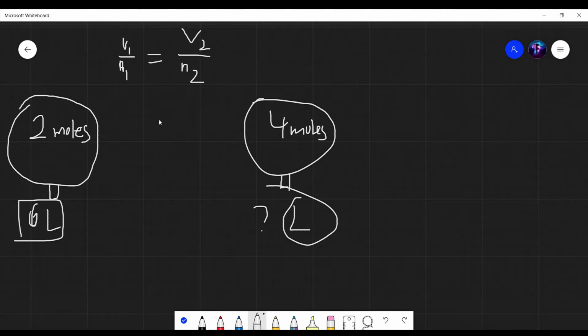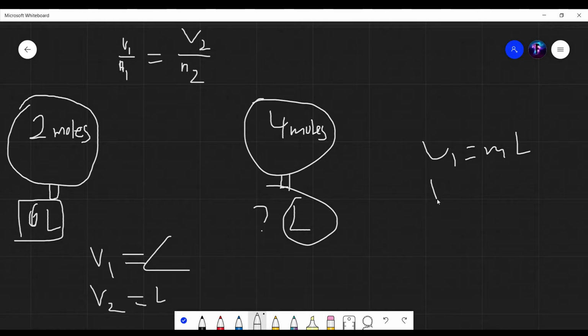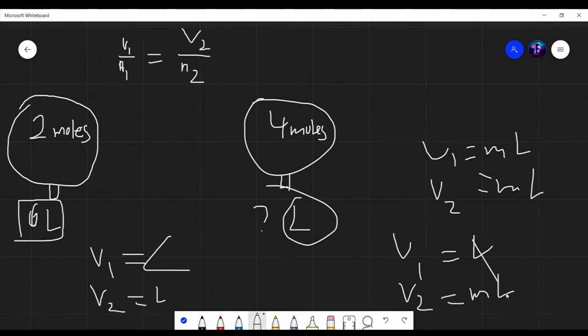And I just wanted to tell you very quickly, if V1, which is right here, is in liters, then V2 also has to be liters. If V1 is in milliliters, V2 also has to be in milliliters. But if V1 is in liters and V2 is in milliliters, this is wrong.